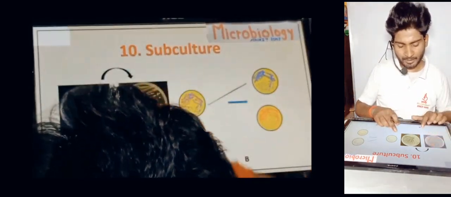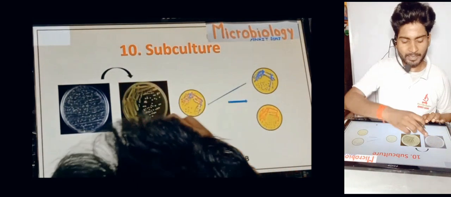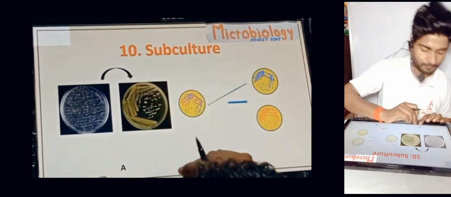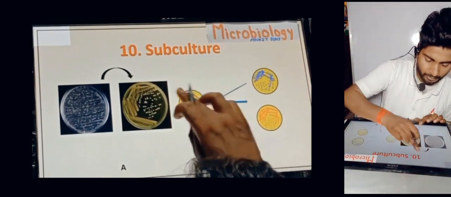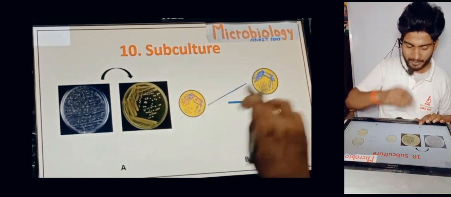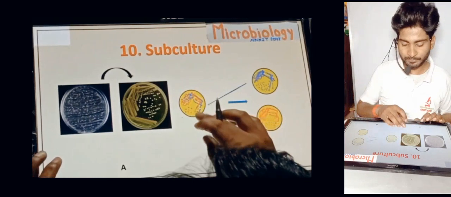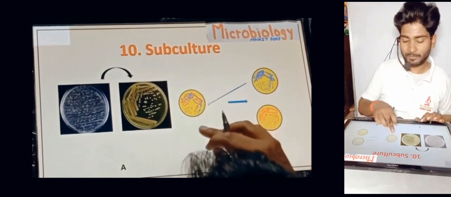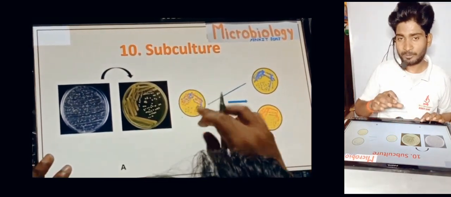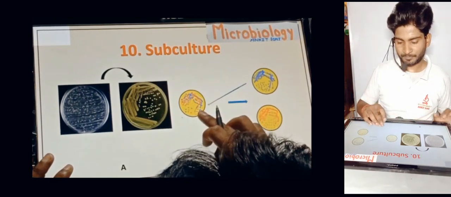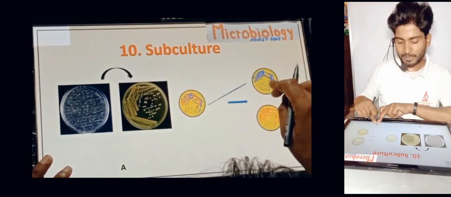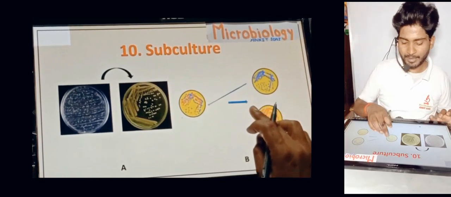Like you can see here in picture A, many colonies are growing. What we do here is purify them to get single colonies. We further multiply these colonies, and the same type of microbes, or pure culture, we can get here. In picture B, suppose in the first plate we have mixed types of culture.